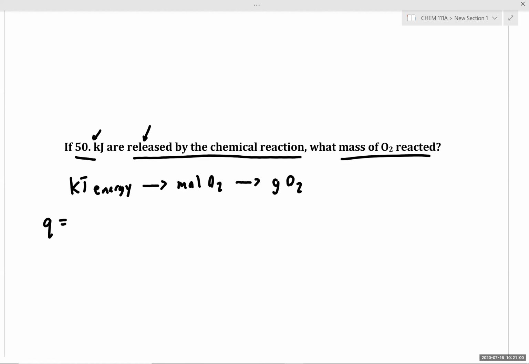Is it going to be positive or negative if we're releasing energy? Negative, exactly right. So our heat associated with this reaction is negative 50 kilojoules.